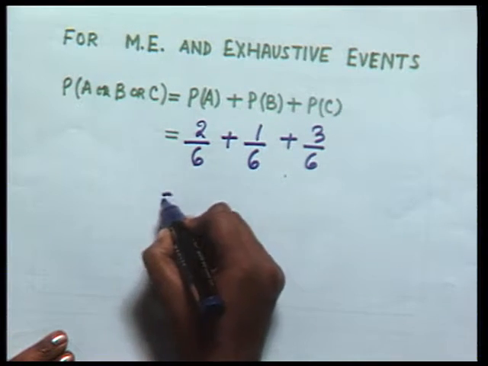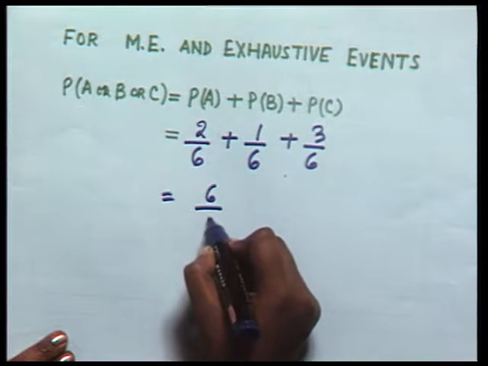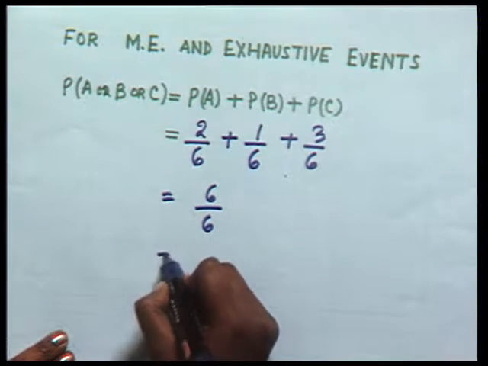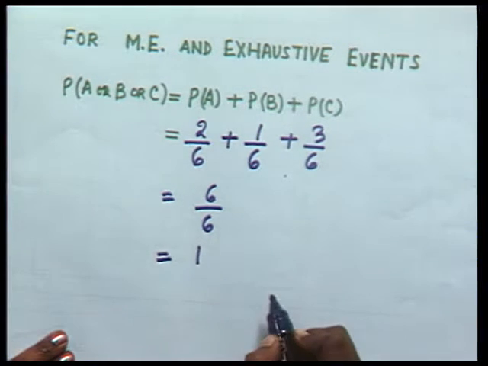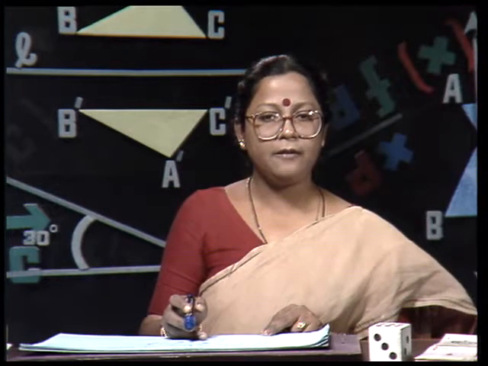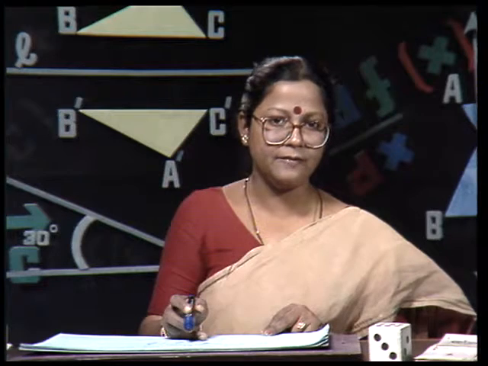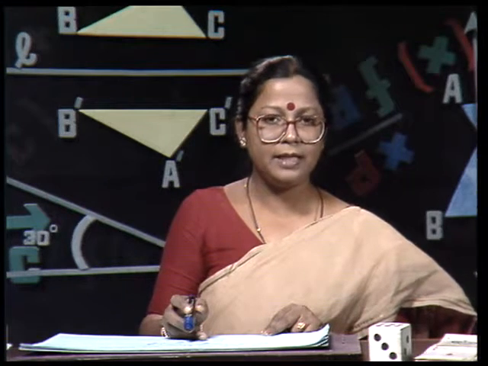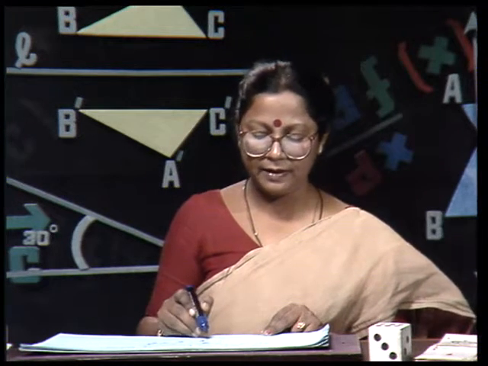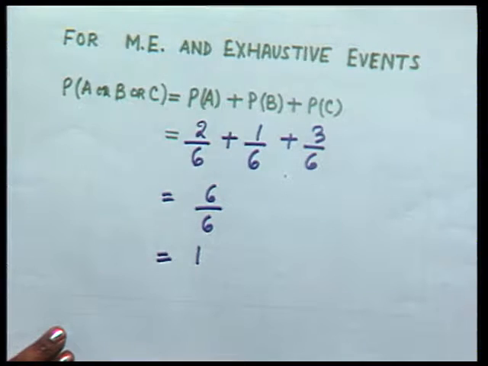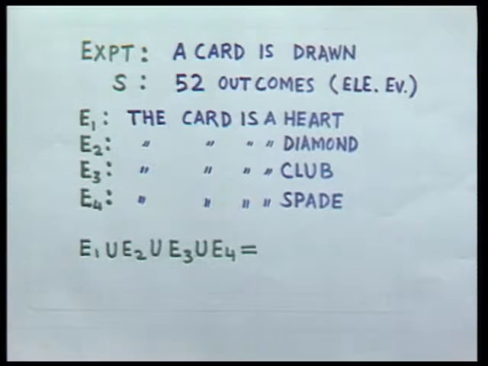This is equal to 6 upon 6, which is equal to 1. So, we found that if events are mutually exclusive and exhaustive, then the probability of that event comes out to be equal to 1.